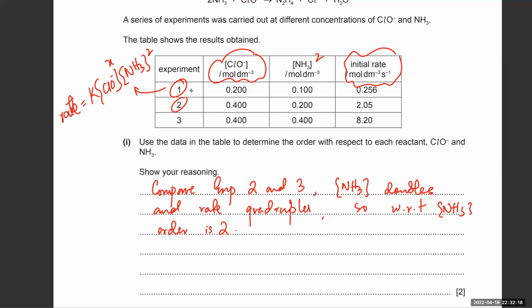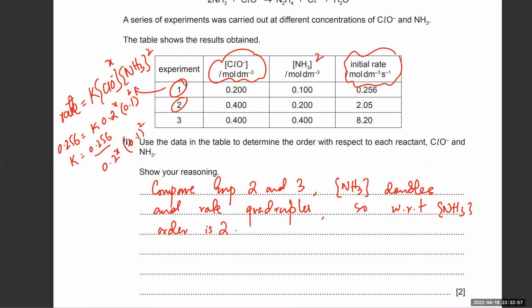It's going to be 0.256 equals K times ClO minus 1 concentration, 0.2 to the power X, times NH3, 0.1 squared. So K would be 0.256 divided by 0.2 to the power X times 0.1 squared. So we figured out the rate constant by using experiment number 1.